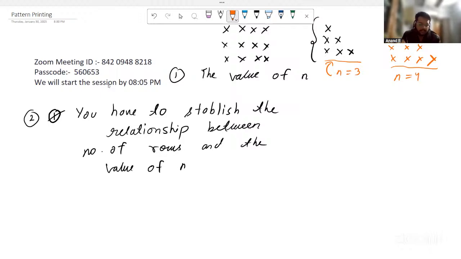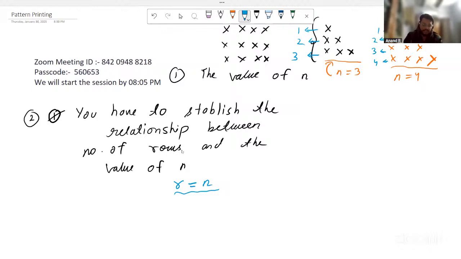If n is 3, how many rows are you printing? 3 rows. And if n is equal to 4, how many rows are you printing? 4 rows. In mathematical terms, can I say that the number of rows is equal to the value of n? R is equal to n. Do you agree with this relationship? R is equal to n.